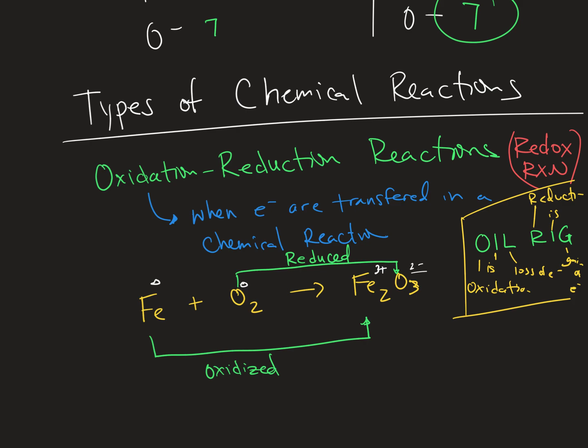But if we already know this from the last unit, we know if the charge goes down, it's because we gained more electrons, right? Then we don't have to worry about acronyms, oil rigs that have nothing to do with chemistry.